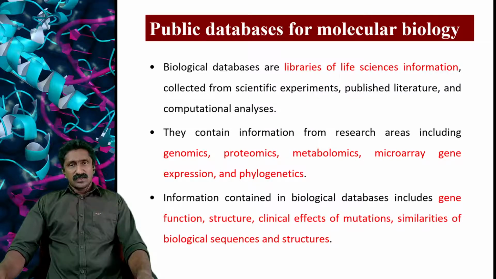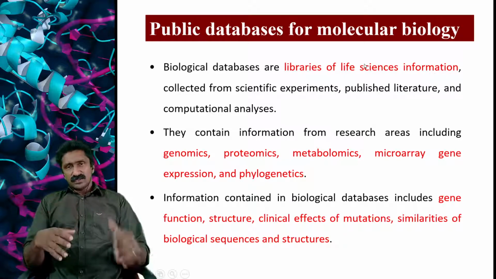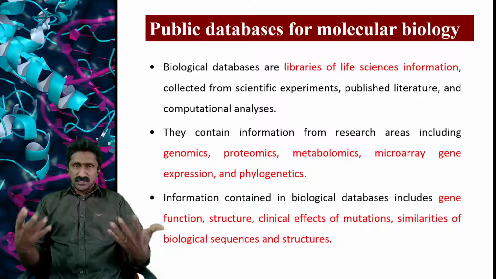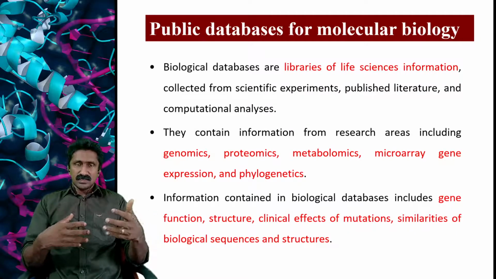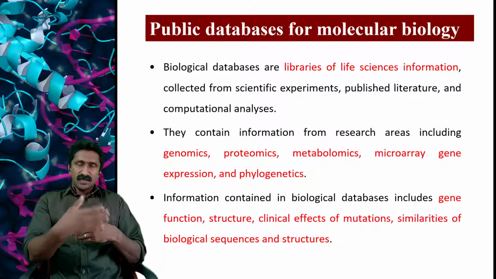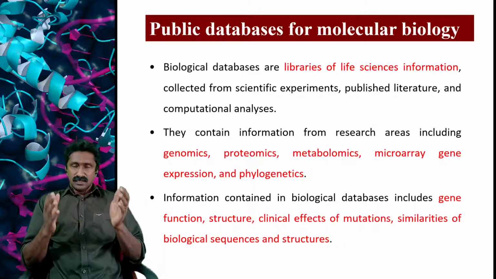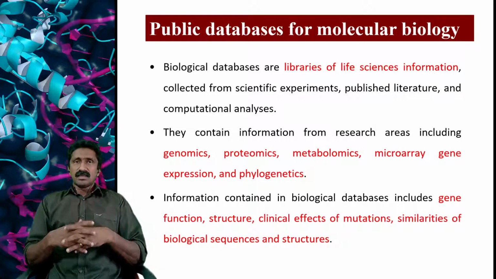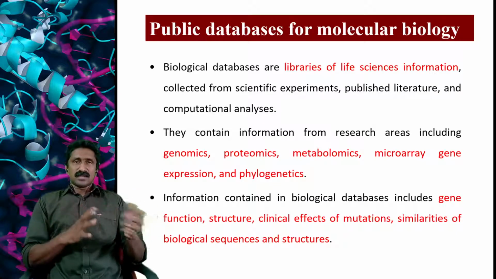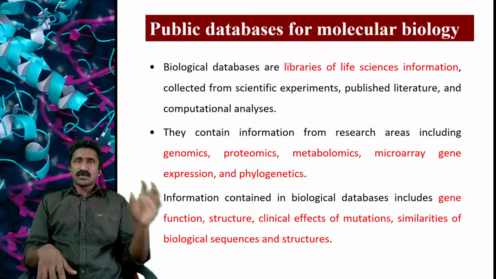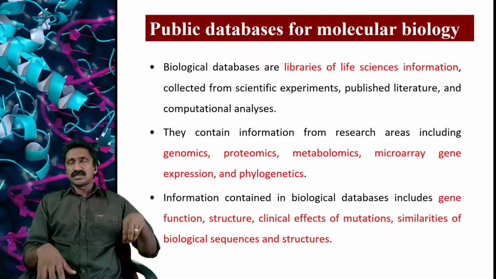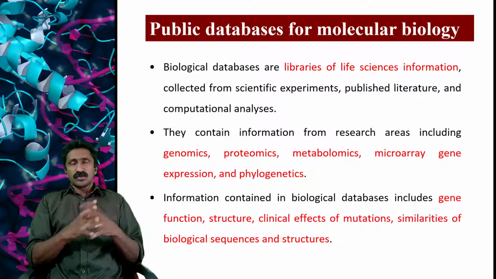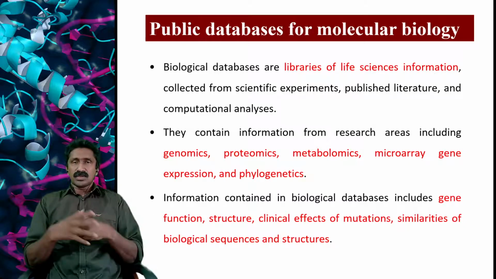So there are different forms of data, like the output of actual experiments, published literature, or even computer-generated data, which is generated based on other available data. As I mentioned, a DNA sequence in a database can be computationally translated into a protein sequence. So the protein sequence is not a sequence from the direct protein, but only a predicted output from the DNA sequence. That's a computational analysis result.